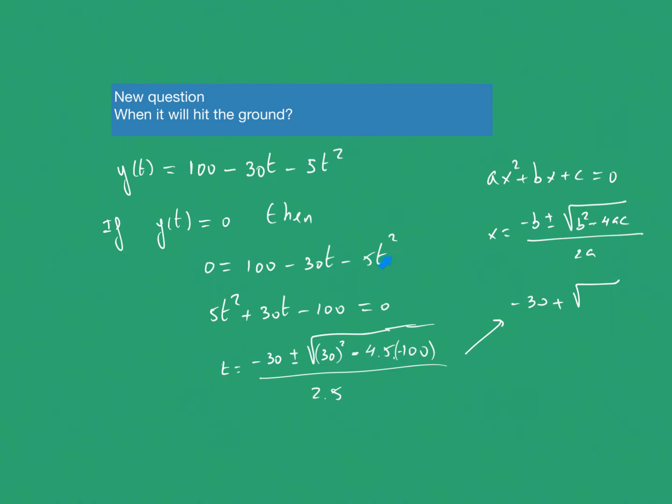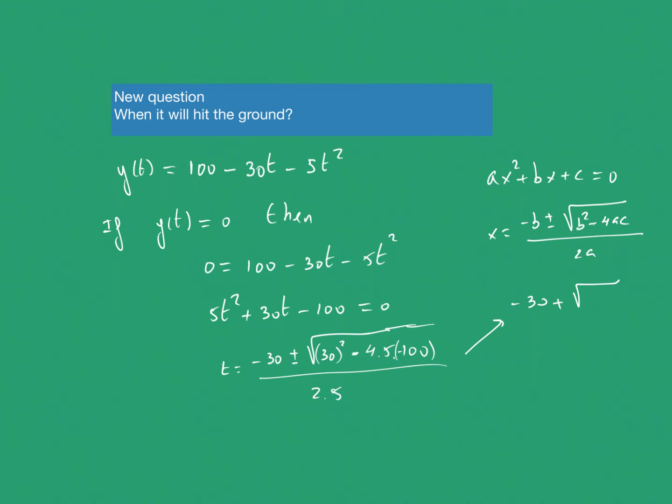But how to solve the quadratic equation? We reorder this equation. We change the sign, because 0 and minus 0 is the same, and it becomes 5t squared plus 30t minus 100 equals 0. We use the quadratic formula that you have to review to find the value of t.